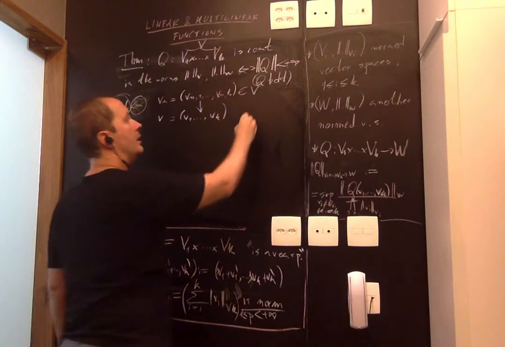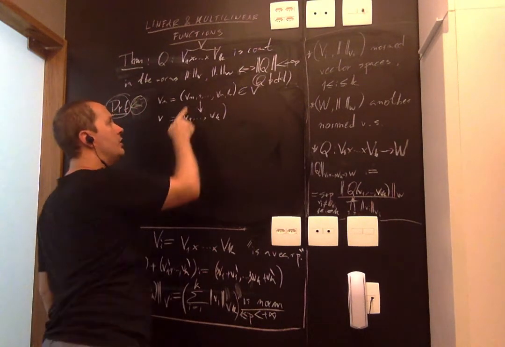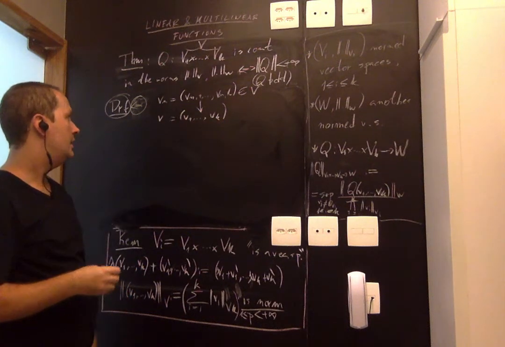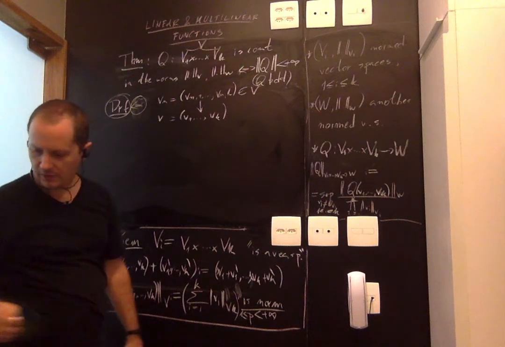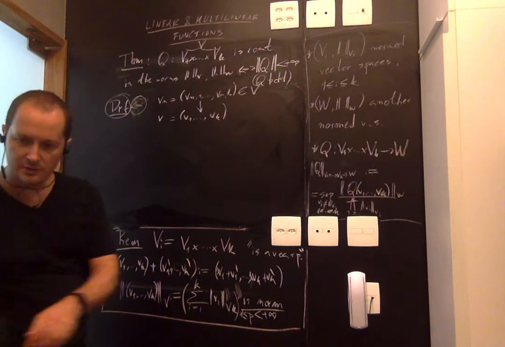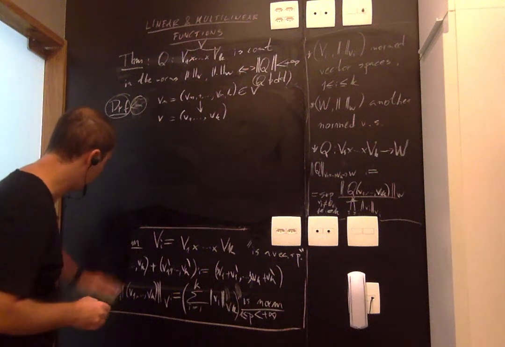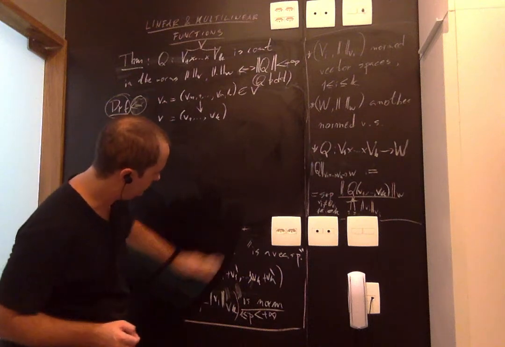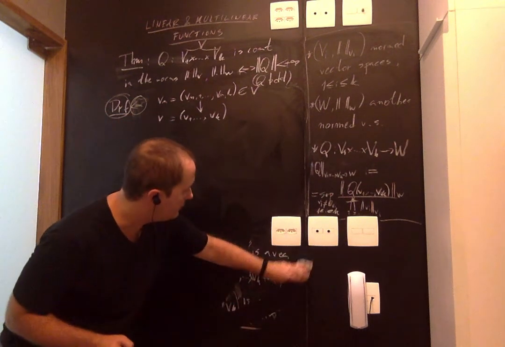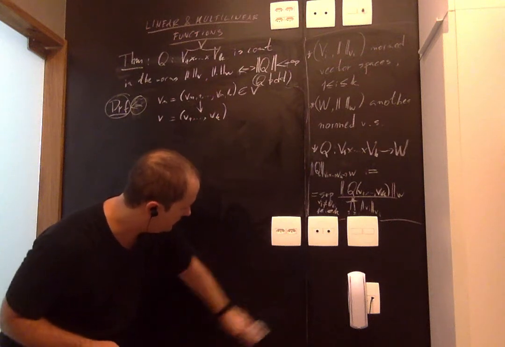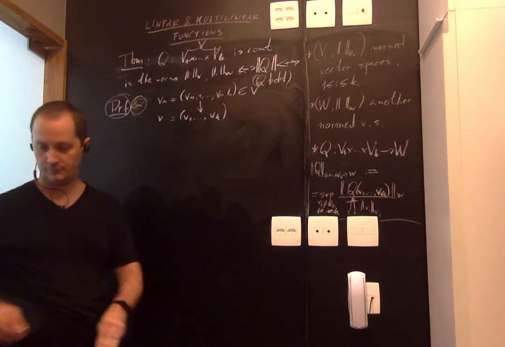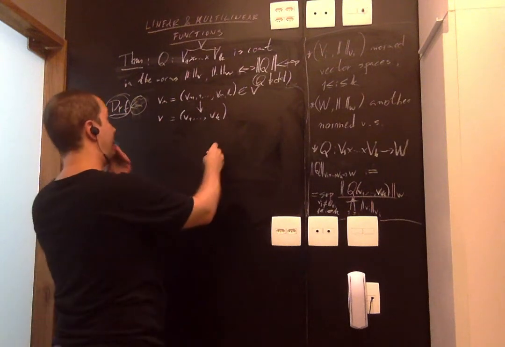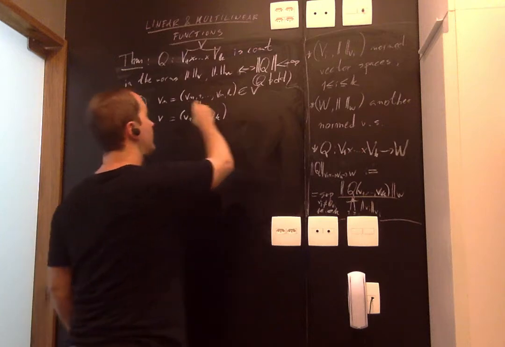The convergence of V sub n to V means convergence of each one of these elements. Now I'm not going to need this norm anymore, so let me erase this because I need more space. I'm also going to need the exercise that says all these guys are bounded.